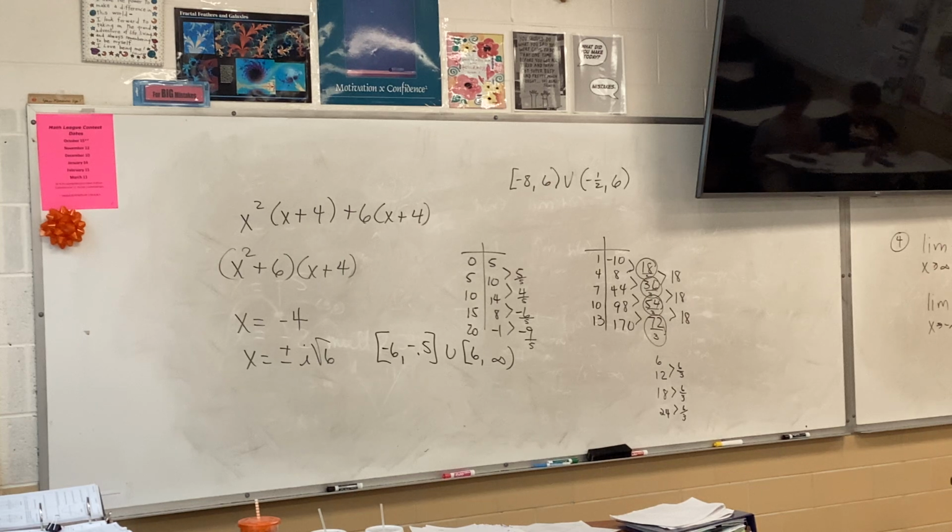Where's it concave up? Between G and either F or C, depending on where you put your point of inflection. And is that it? Is there a comma in between like -6 and -0.5? Yes. Would that make it okay?